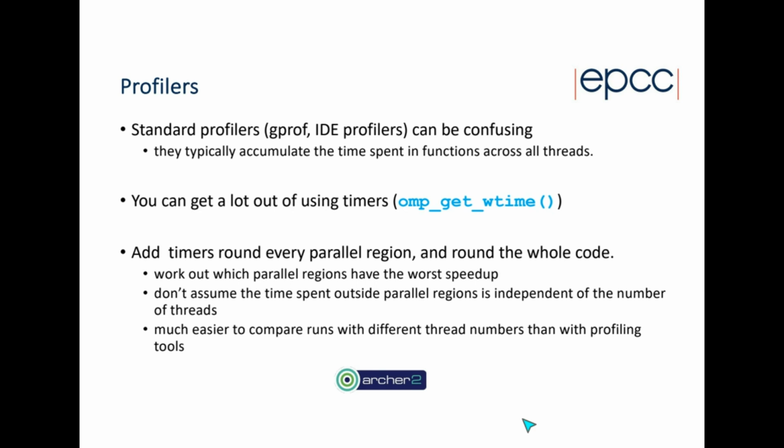Which ones have the worst speedup? Because it means you can do runs on different numbers of threads and easily do the comparisons, which is actually rather hard to do with profiling tools. So looking at doing profiles with different numbers of threads and comparing profiles is not that easy. So I do find that a good tactic.